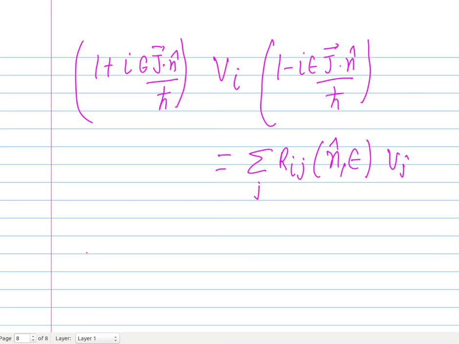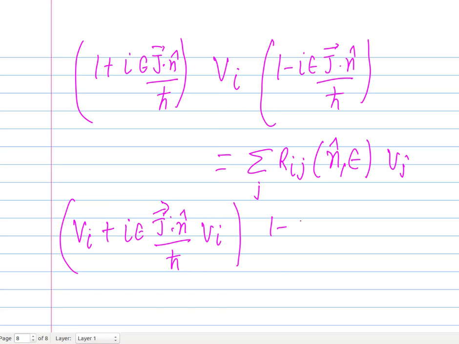But this is basically vi plus i epsilon J dot n cap by h bar vi, multiplied with 1 minus i epsilon J dot n cap by h bar, equal to the summation over j of rij vj.